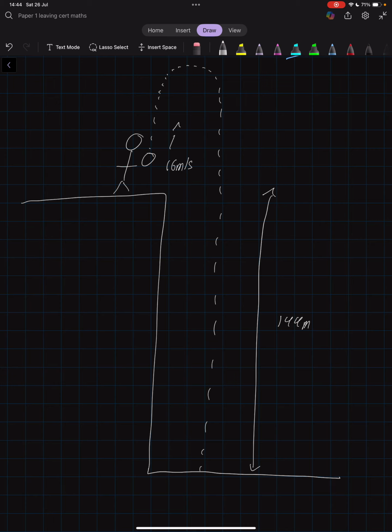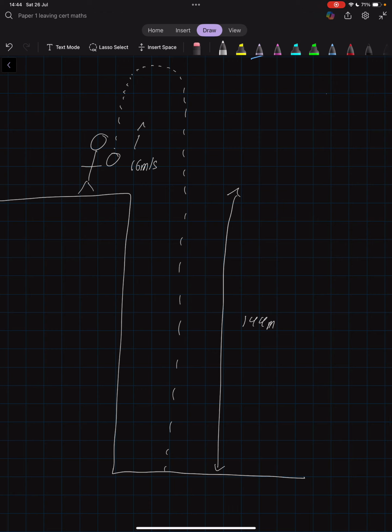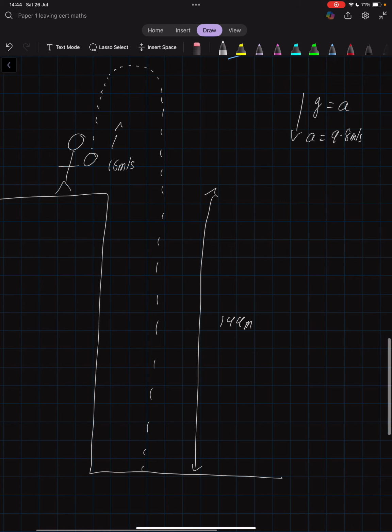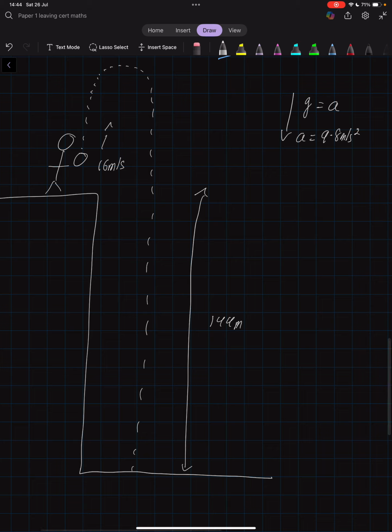The gravity, g, which is acceleration, the acceleration of the particle is 9.8 meters per second squared downwards. Okay? And this is a number that you'll be expected to know. You'll be expected to know that gravity is 9.8. That's why I'm doing one of these problems, because you are expected to know this.